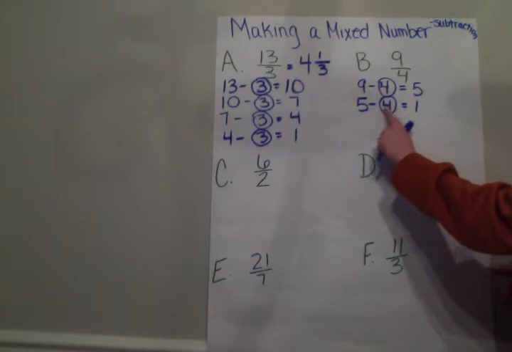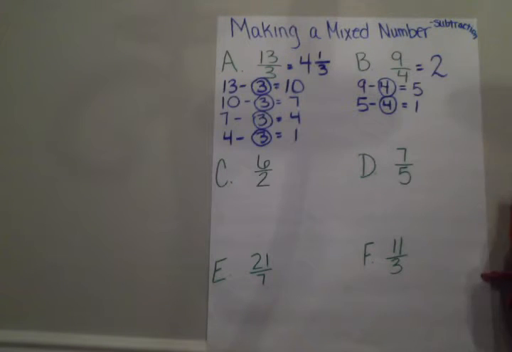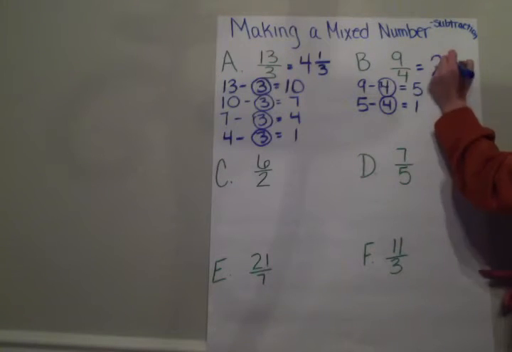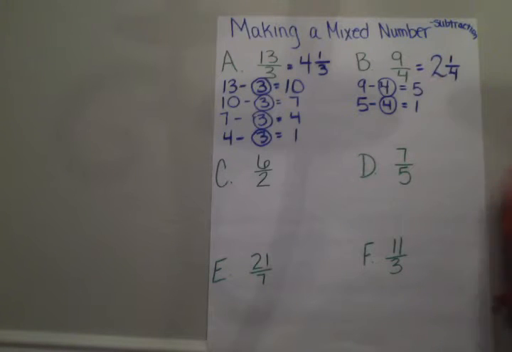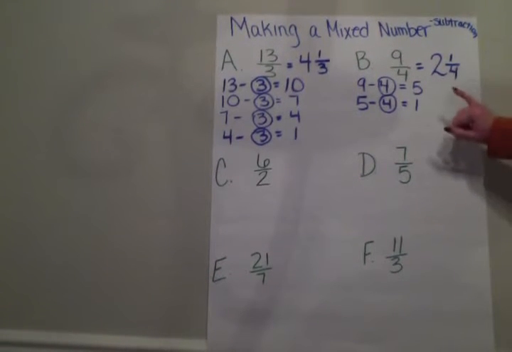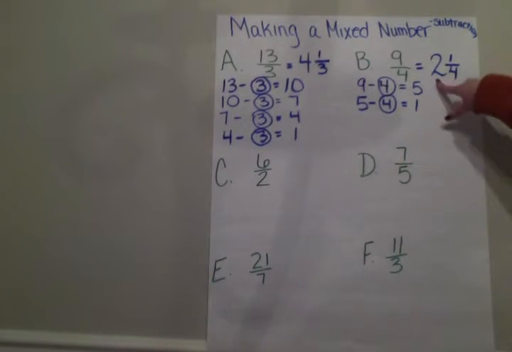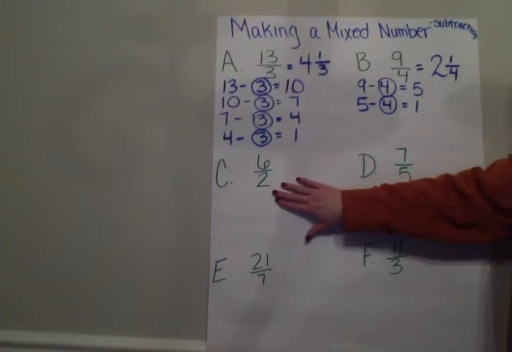I have 1, 2. I have 2 whole groups, and I have 1 piece left over, and my denominator is not going to change. So I know that 9/4 is equal to, or equivalent to, 2 1/4. Let's try this one together.